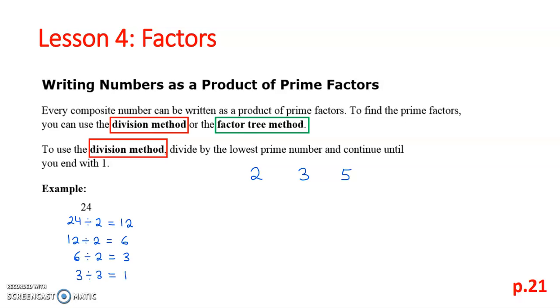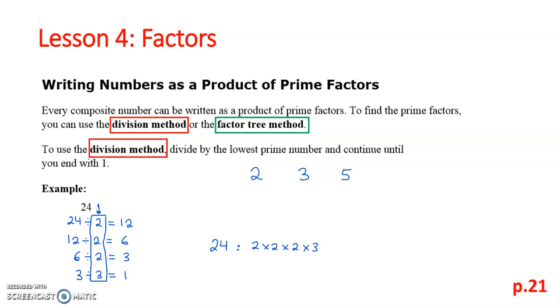What we see here is we divided by these prime numbers. So 24 is the result of 2 times 2 times 2 times 3, because these were the numbers that we divided by.